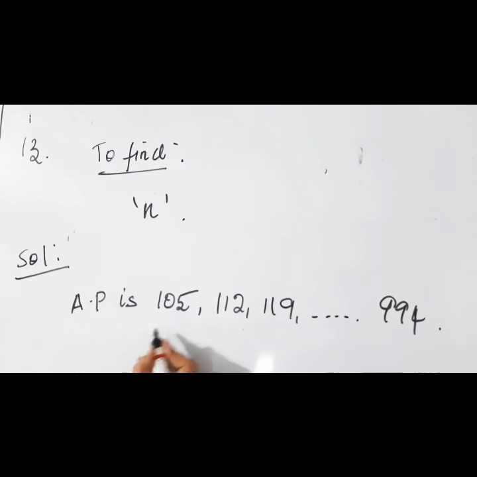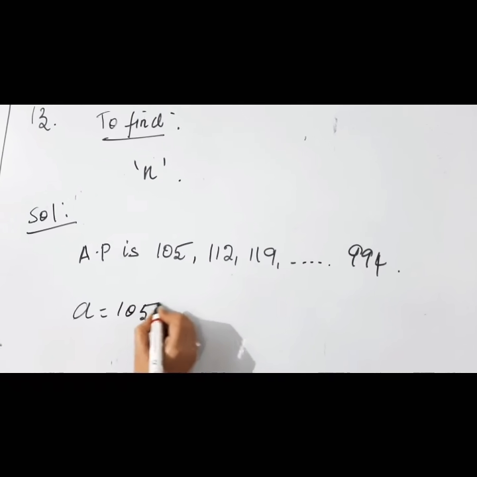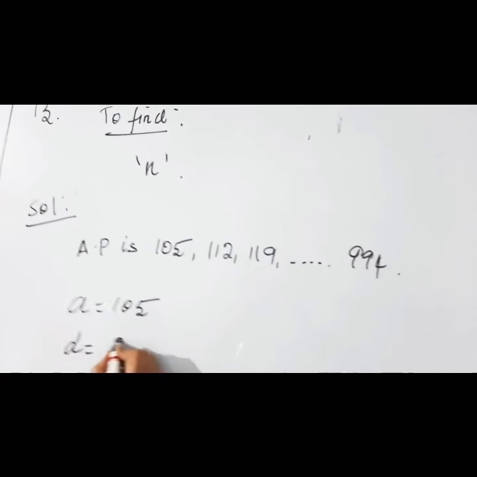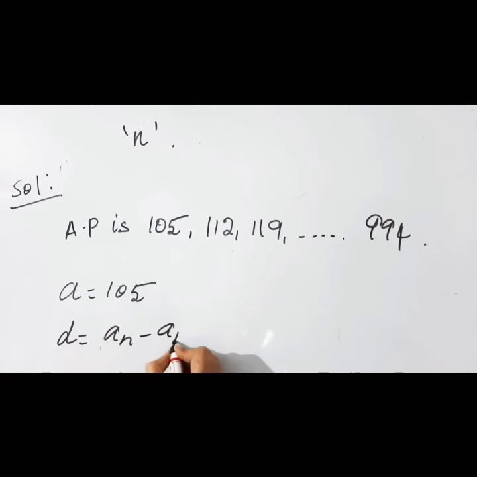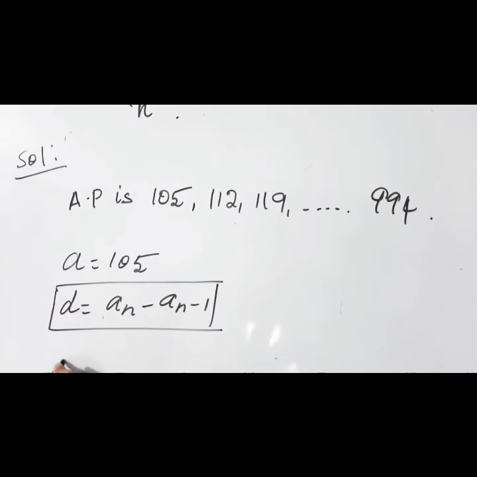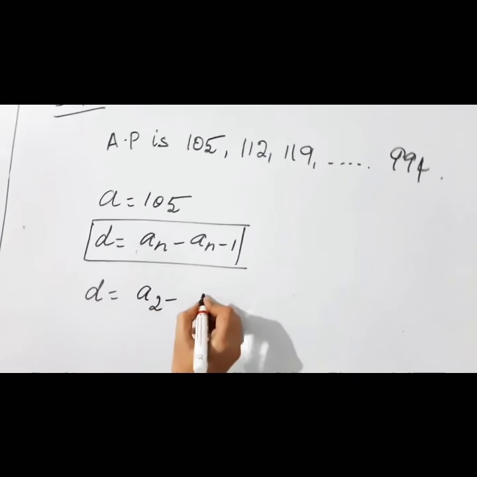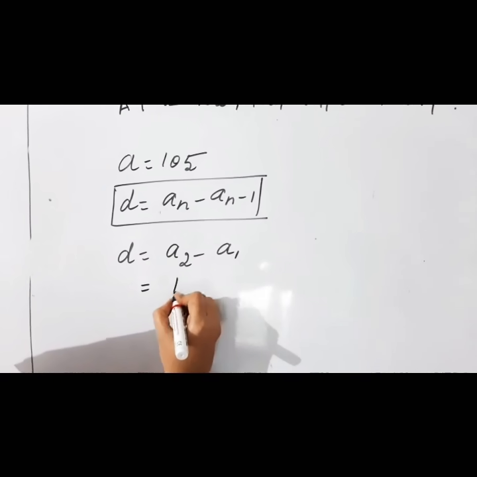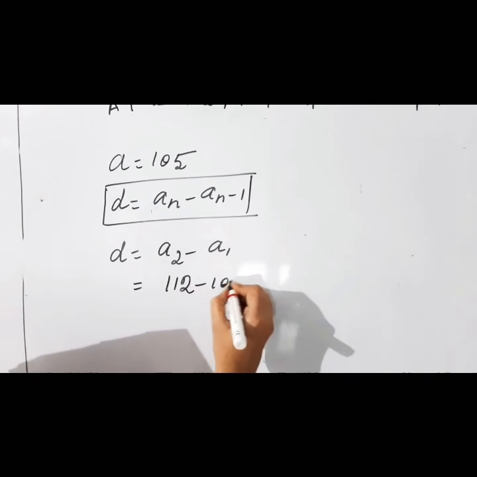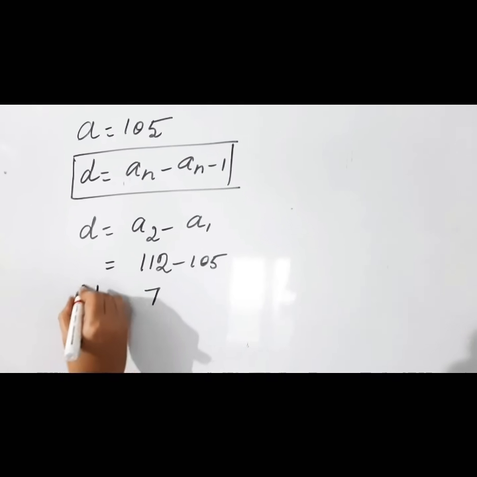From this AP, A is 105. How will we find D? What is the general format for that? A n minus A n minus 1, but usually we take it as A2 minus A1, which is 112 minus 105, multiples of 7. Therefore D is equal to 7.